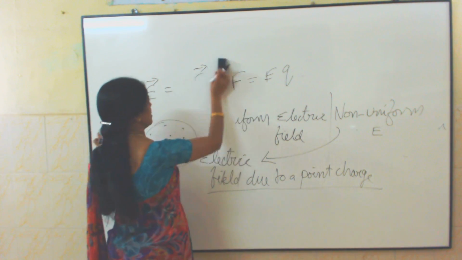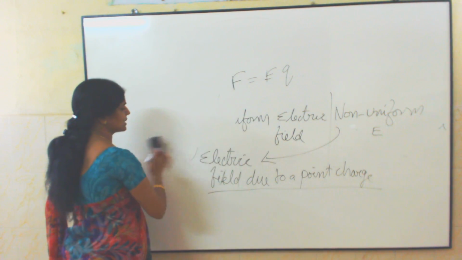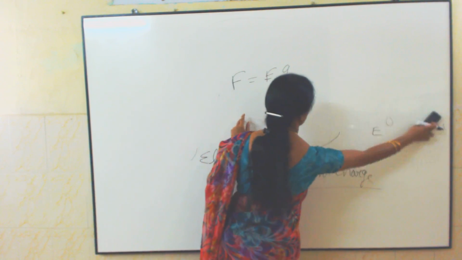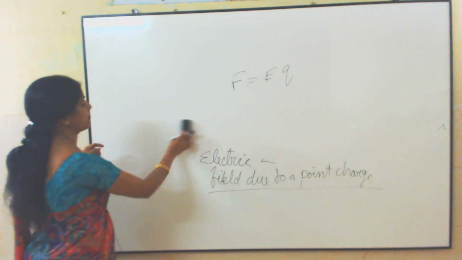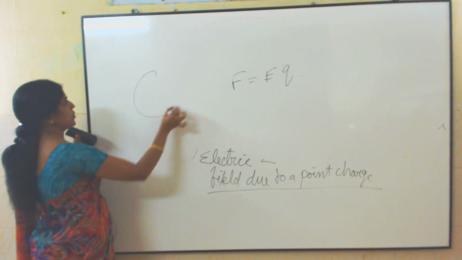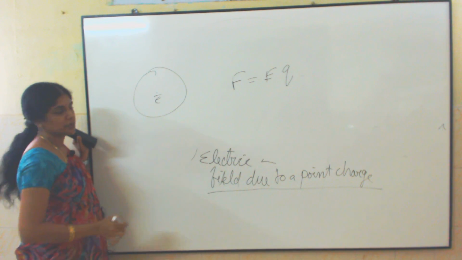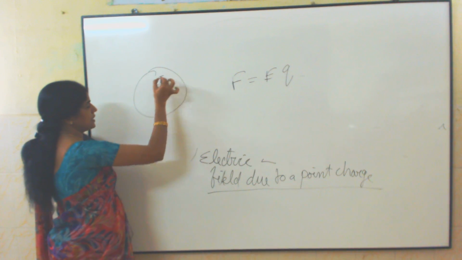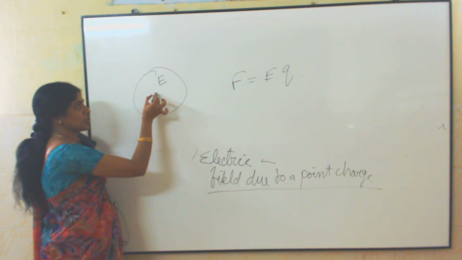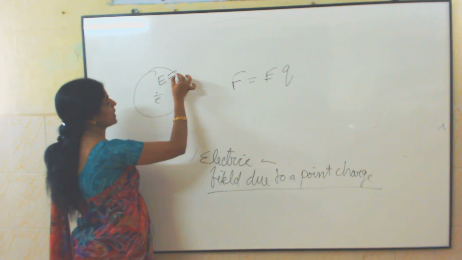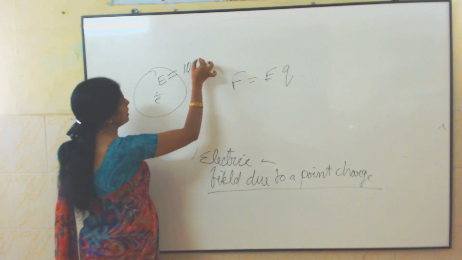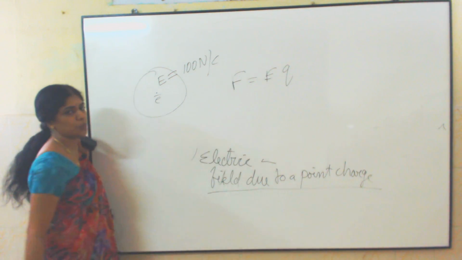For this, we can have a very good example. For example, I take an electron. In a uniform electric field, I am having an electron. So, let this electric field intensity, where this electron is kept, let its value be 100 Newton per Coulomb.